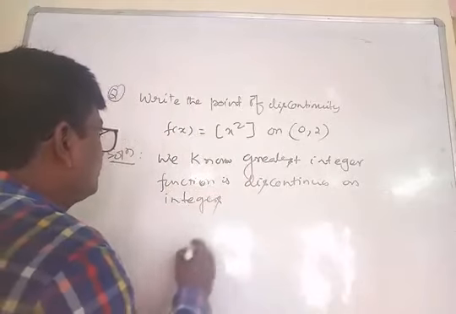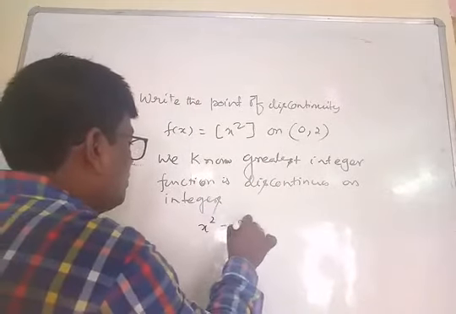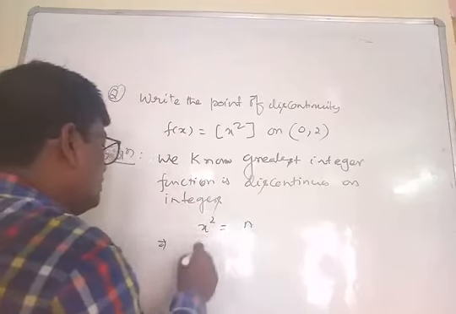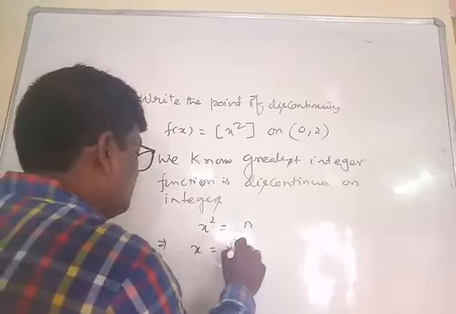So x square is equal to an integer, suppose n, and this gives x is equal to root n.